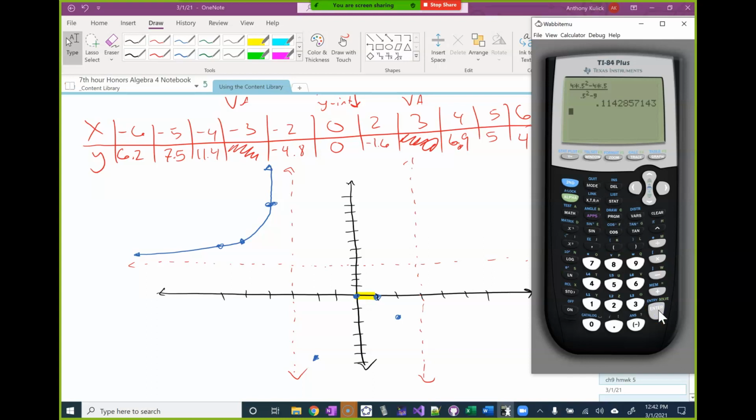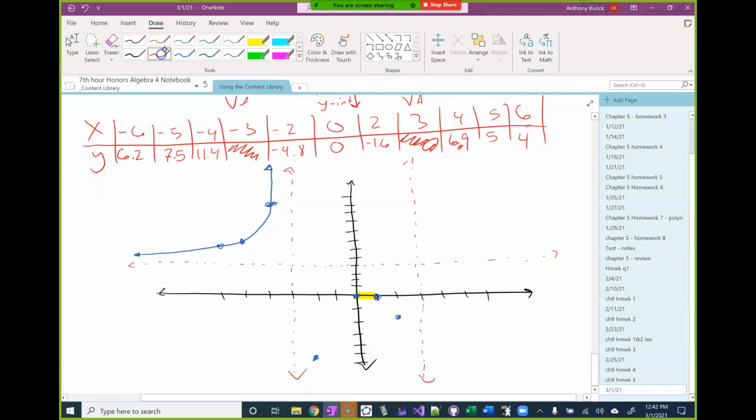So that's above. And it was like 0.11 something or whatever, right? Everybody cool with that?